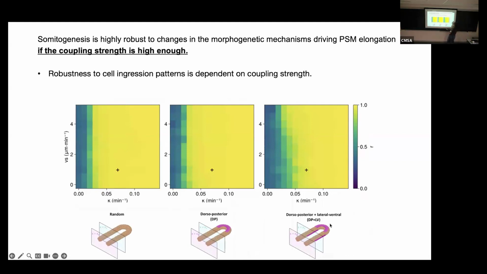In this scenario, at low kappas, and this is just some other parameter, the maximum velocity of the cells, but you could plot this against other things, zebrafish parameters are always well within the high synchrony region. But as you start to increase the disorder, this starts to creep closer and closer to that boundary. So we have robustness to cell ingression, but it is also very highly dependent on coupling strength, so we have a tunable parameter there.